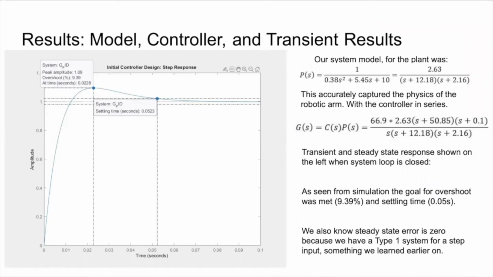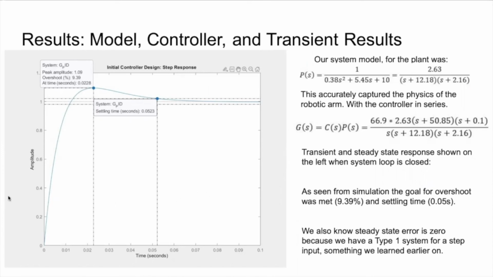For the transient results, we have our system model here. We saw this earlier as Janik showed us. That was the plant model. This captured the physics of the robotic arm. When we put the controller in series after the design iteration, we end up with this enormous equation here. Then we can just run that simulation through MATLAB.